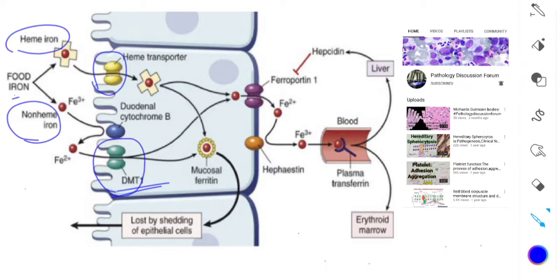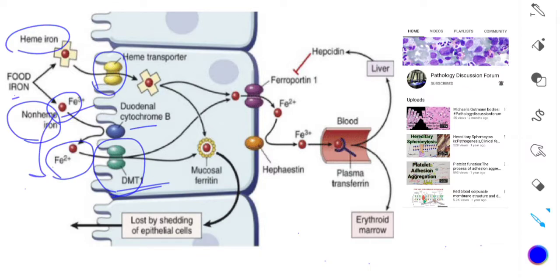Now, the iron that is present within the gut lumen in the ferric form, that means the Fe3+ form, has to be converted to the ferrous form, and for that there is one molecule known as cytochrome B that converts this ferric form into the ferrous form.